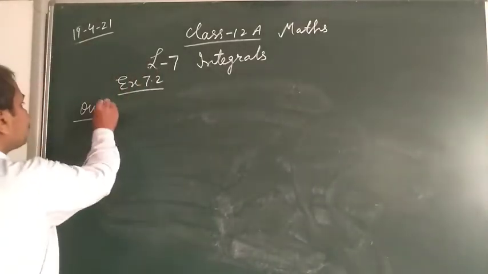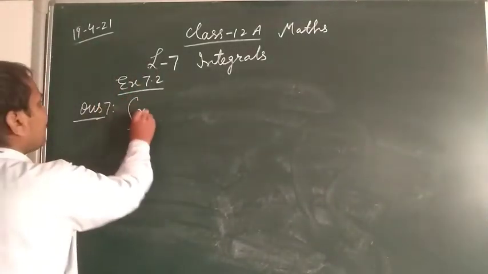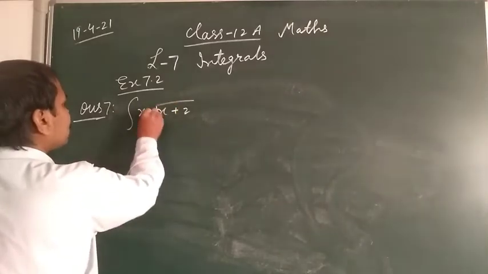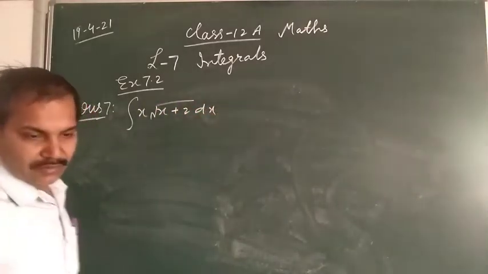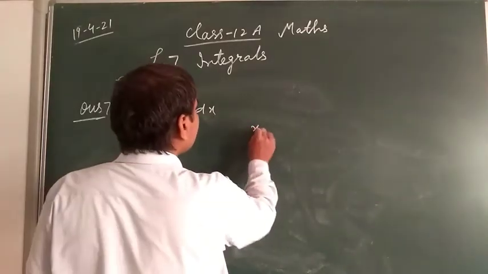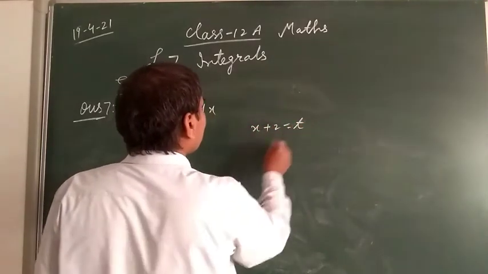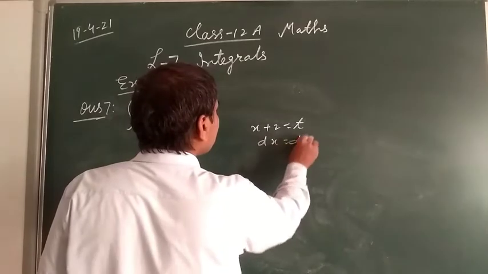Question number 7, x under root x plus 2 dx. So suppose x plus 2 is equal to t. So dx is equal to dt.